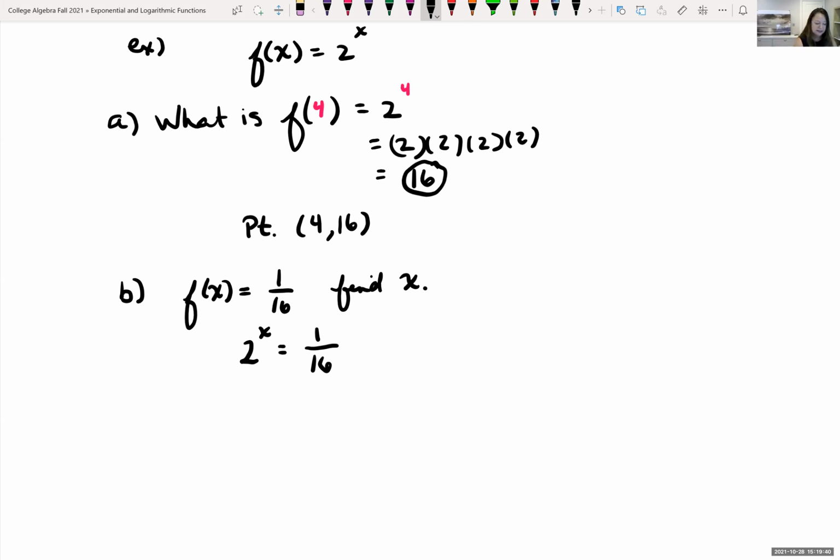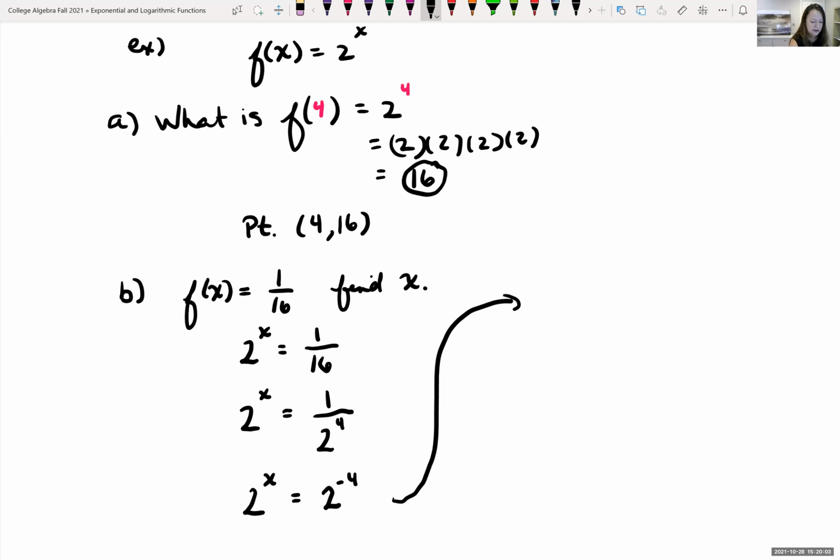Manipulate our bases to be the same. We just saw that 16 was 2 to the 4th power, so we have 1 over 2 to the 4th. Bring that up into the numerator and make that exponent positive. So we have 2 raised to the x power equals 2 raised to the negative 4th power. So in here, we can see that x is equal to negative 4. So the point is going to be (negative 4, 1/16).